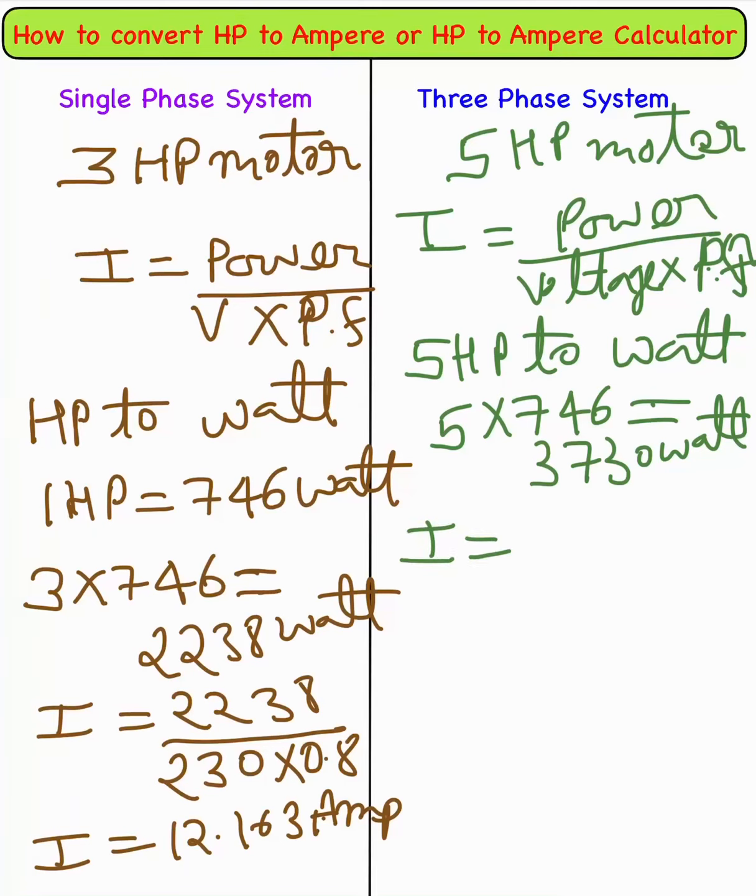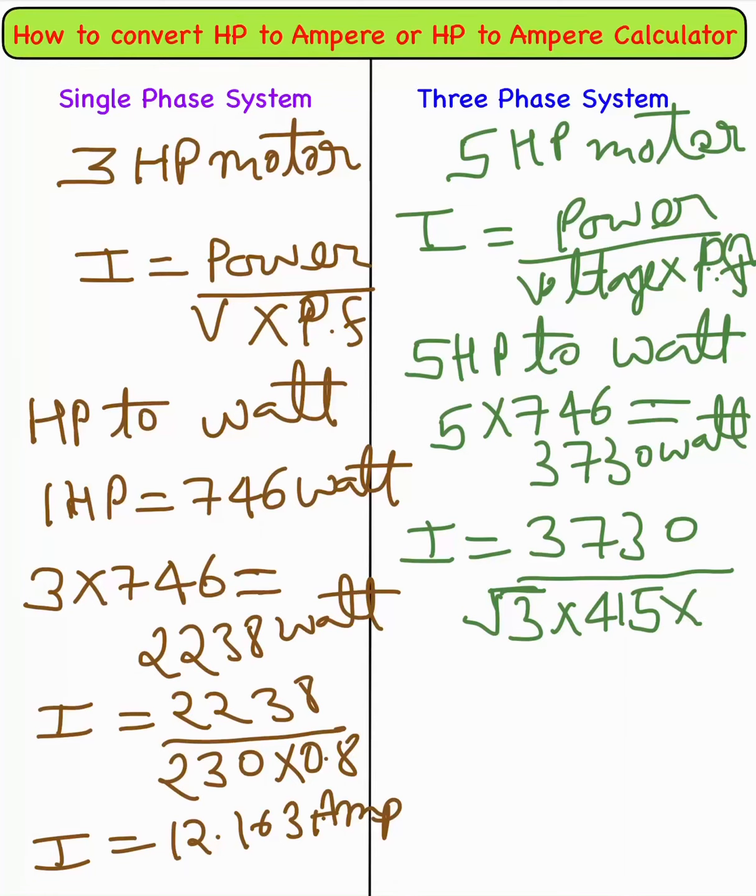Now to calculate the current value, current is equal to power, that is 3730, and the important point is that this is the three phase system. So in the three phase system we have to multiply with root 3. Suppose the voltage is 415 volt, and power factor is similarly 0.8.